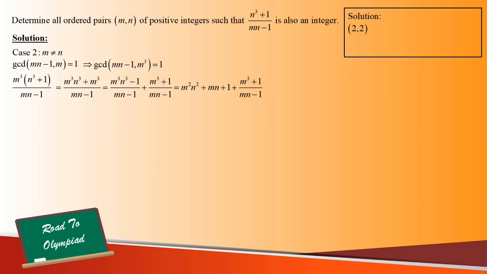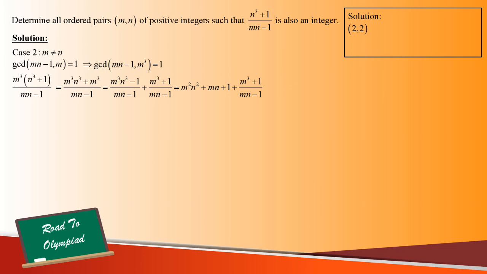This is to say that any pair of m and n that makes (n^3 + 1)/(mn - 1) an integer will make (m^3 + 1)/(mn - 1) an integer as well.